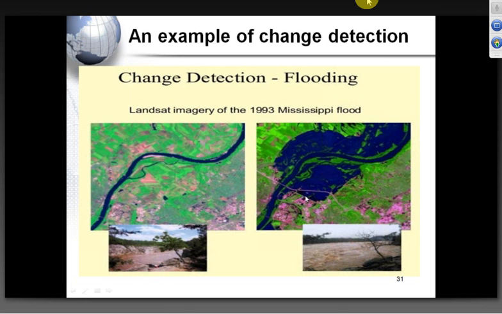So this is an example of the 1993 Mississippi flood, which is detected by satellite images. These two images are taken, the pre-image and the post-image of the flooding.